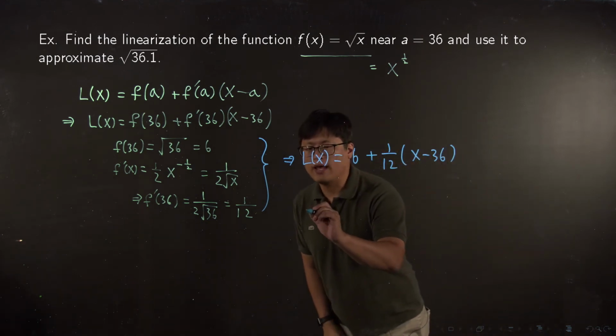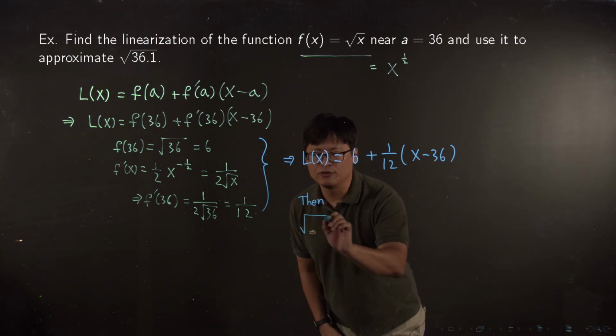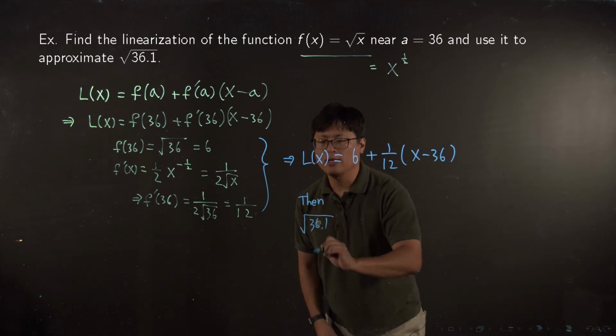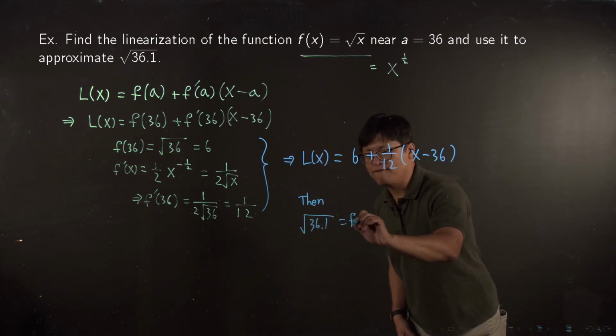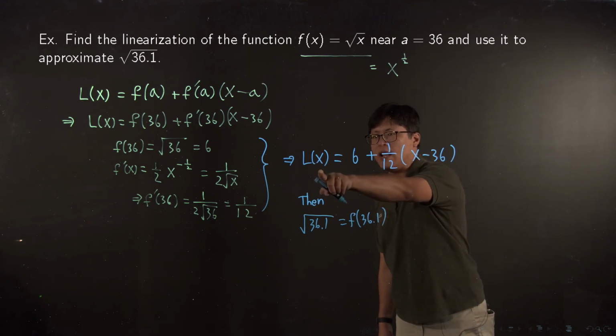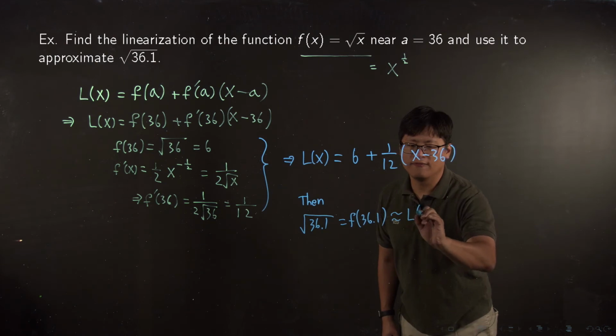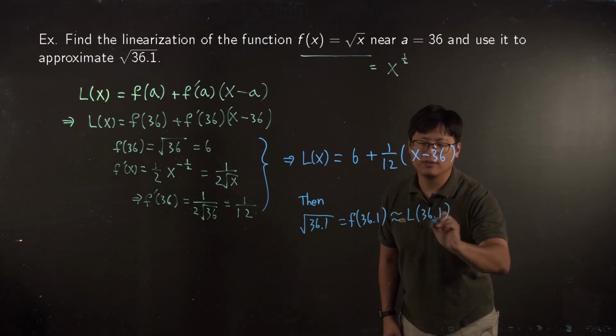So what we would like to talk about is the value square root of 36.1. That is exactly equal to f of 36.1. Then this L gives the approximation value, L of 36.1. Is that clear?